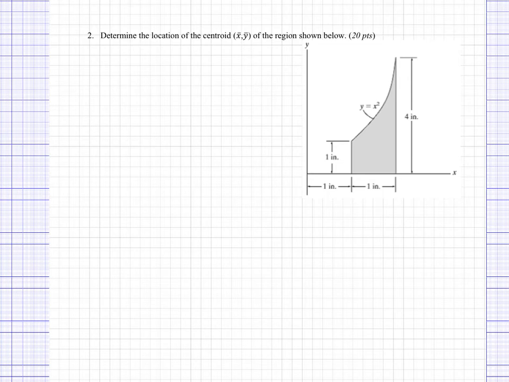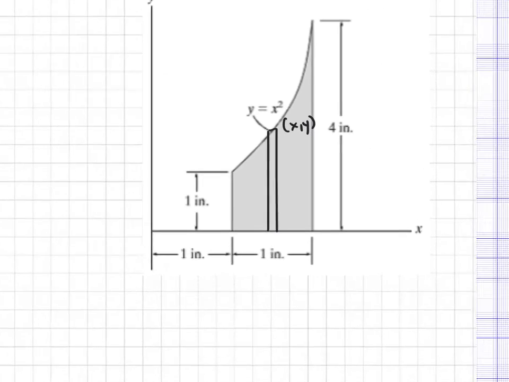So here's a vertical box. This point right here is the point x comma y. Let's zoom in.